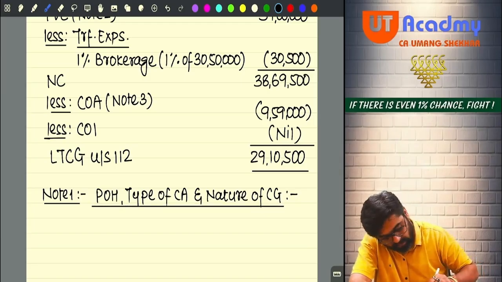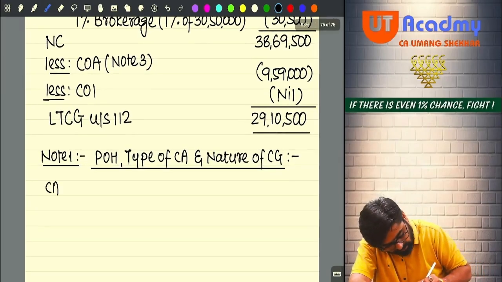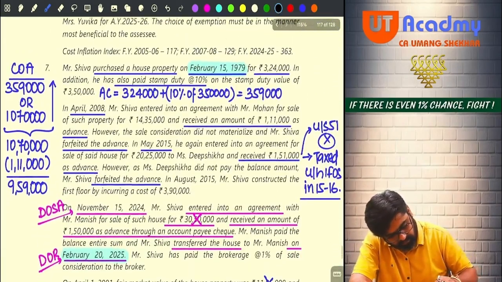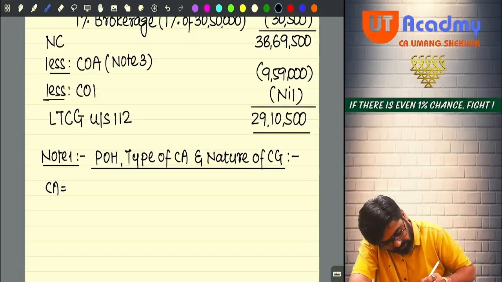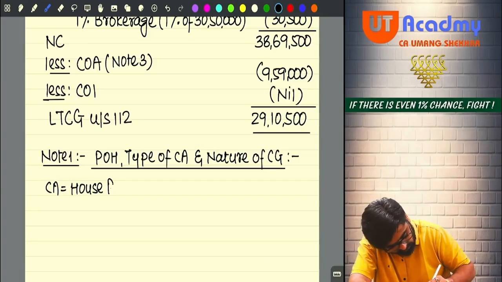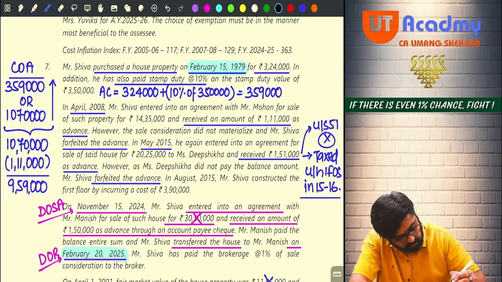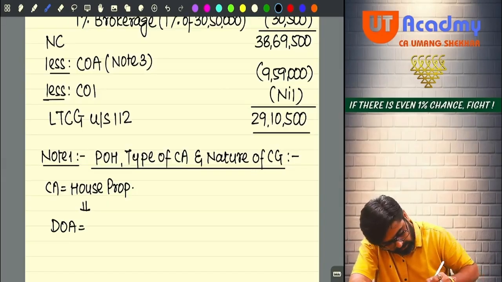Done, sir? Now tell me, the capital asset is a residential house property, which is an immobile property, which was acquired on 15 February 1979.